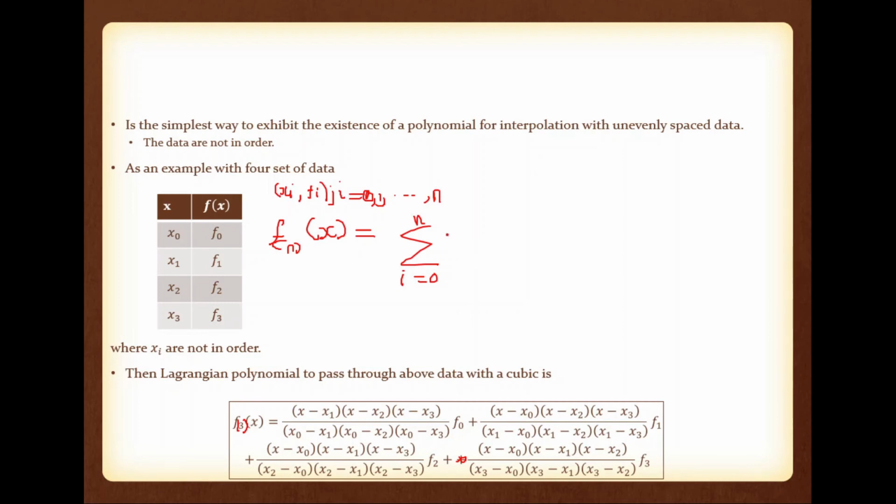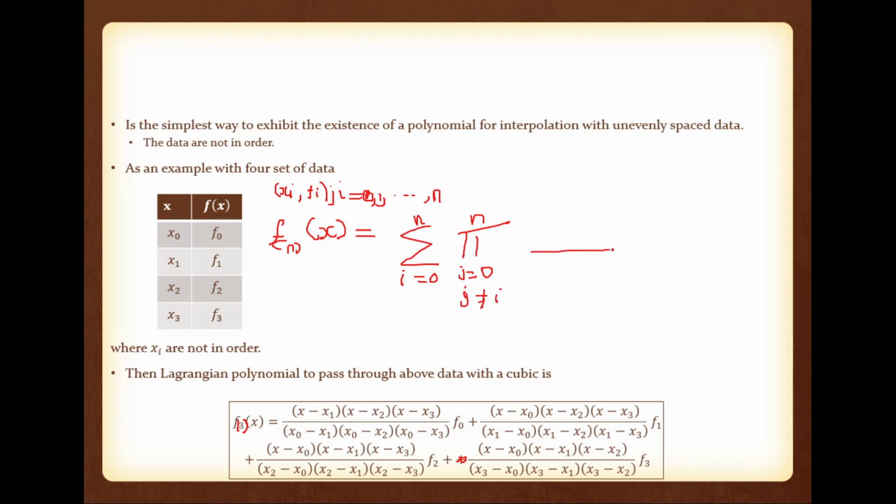Then each element has a product, right? So product j equal to 0 to n, but please note, for f0, x0 is absent in the numerator, right? For f1, x1 is absent in the numerator. So j not equal to i.